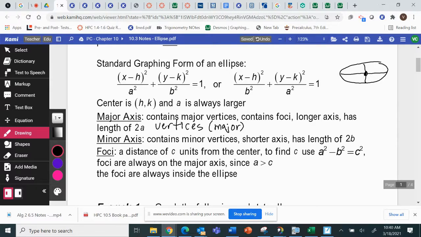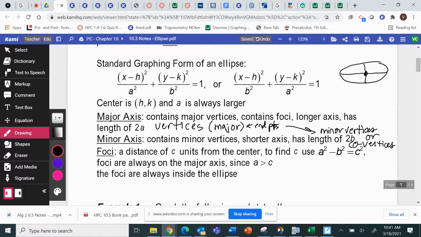The minor axis, the end points, sorry, these are the end points. But for the minor axis, the endpoints could be called minor vertices, or they might be called co-vertices.